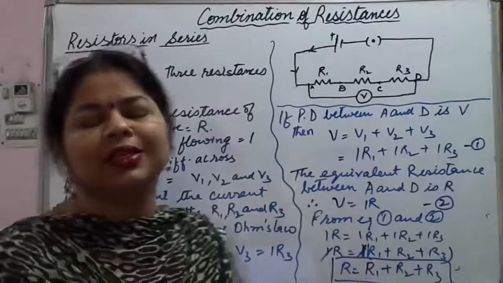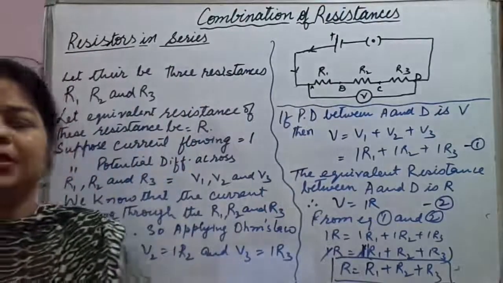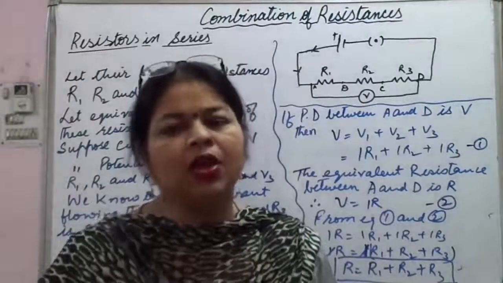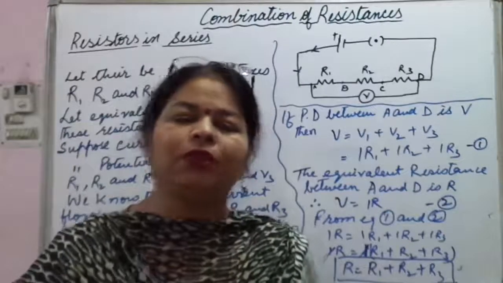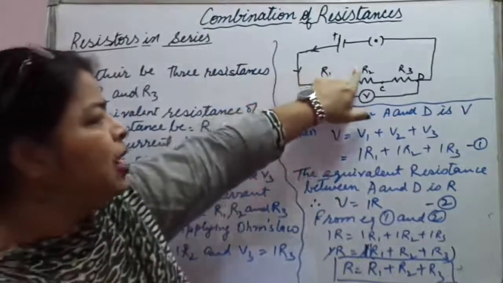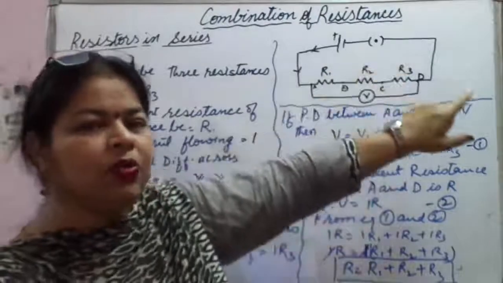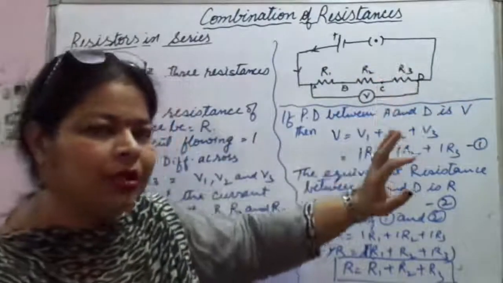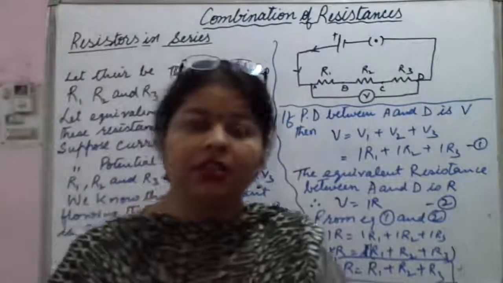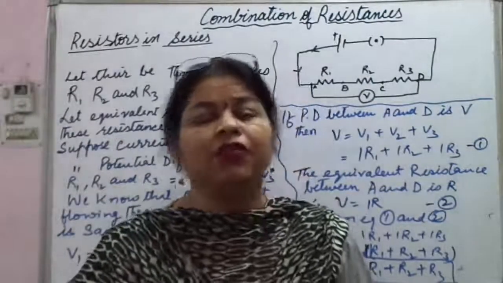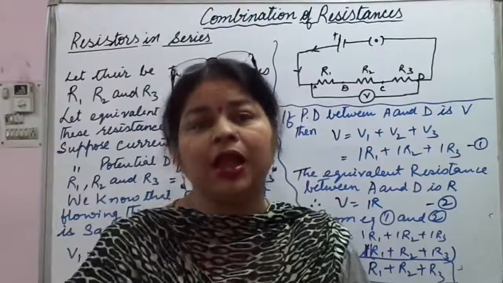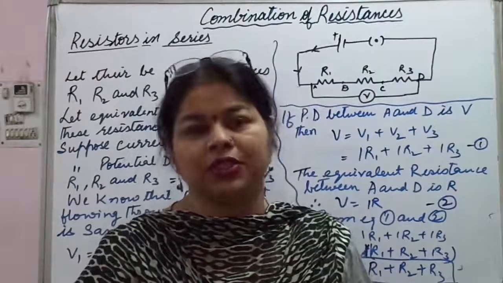So the equivalent resistance of resistances connected in series is always equal to the sum of those resistances. R1 plus R2 plus R3 is equal to the total equivalent resistance R. It is also evident that in series the value of the equivalent resistance is greater than the individual value of each resistance.